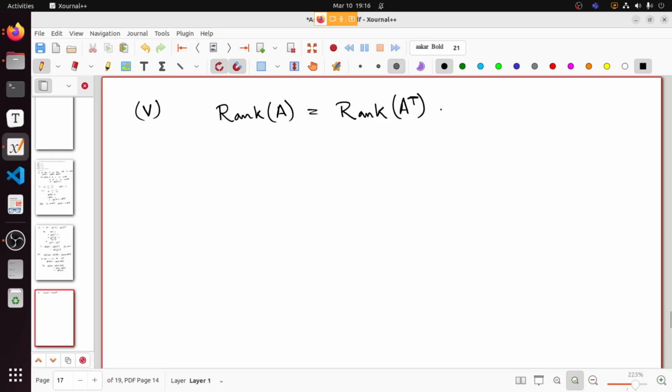This we have to check. It was done that any matrix A can be written in a certain form.